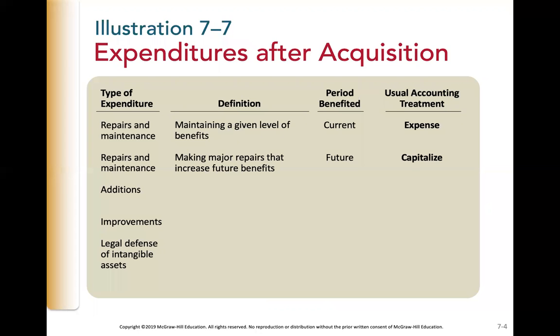However, more extensive repairs that increase the future benefits of the delivery truck will be capitalized. For example, major repairs, such as a new transmission, engine overhaul, things that you don't anticipate having to do every single year, you capitalize.